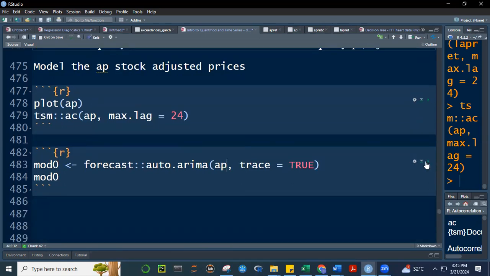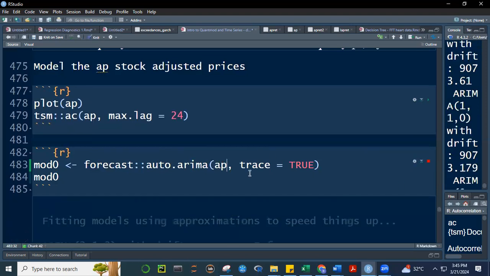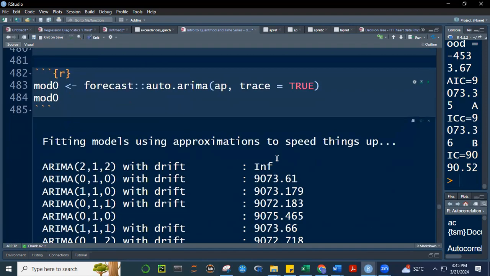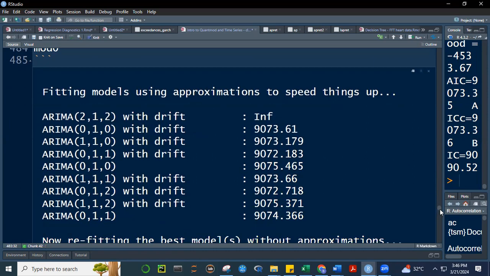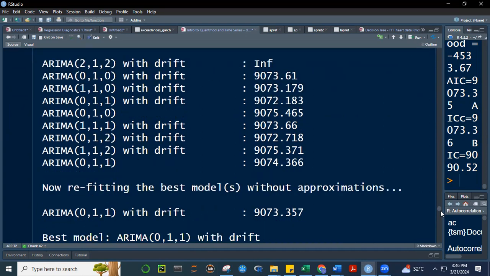Okay, so i-run natin to. Trace is equal to true. Ito yung mga suggested na models niya. And take note, class, tingnan nyo, may mga 1 dito. So ibig sabihin nito, kailangan i-difference natin si AP.